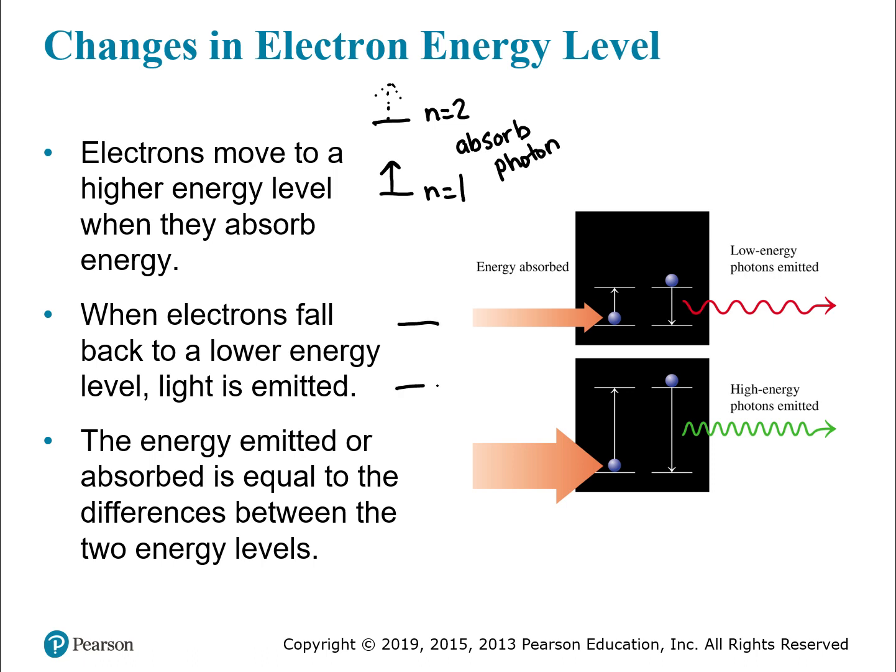After that electron has had its fun in n equals 2, it may fall back down to n equals 1. It's going to emit a photon. Now, a photon is just a package of energy, light energy.